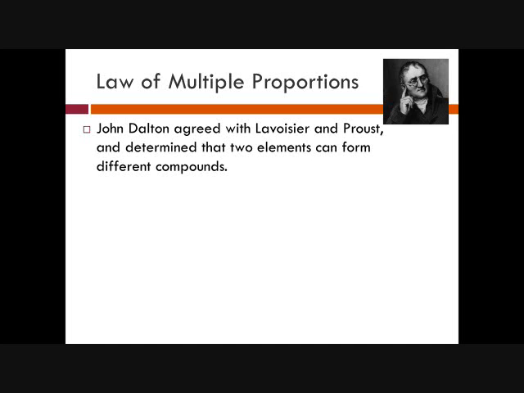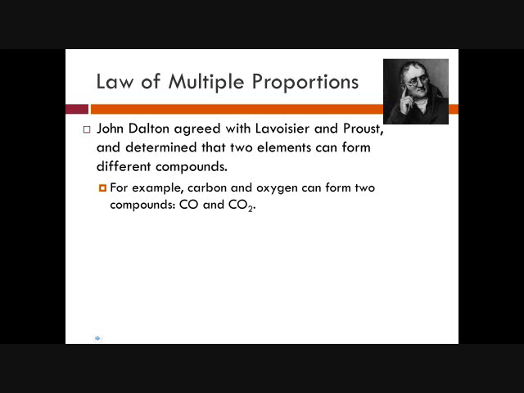If you throw in some nitrogens and oxygens, you can create different compounds. For example, carbon and oxygen can form 2 compounds, carbon monoxide and carbon dioxide. They contain the same elements, but the ratio is different. That's the difference between multiple proportions and definite proportions. In definite, the ratio stays the same. In multiple, the ratio is different.